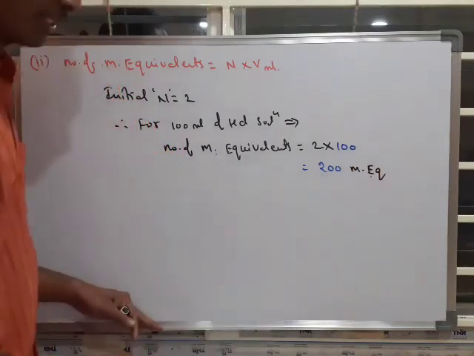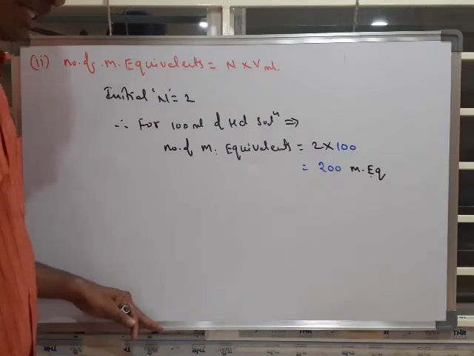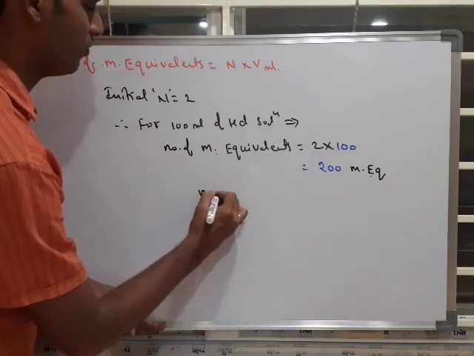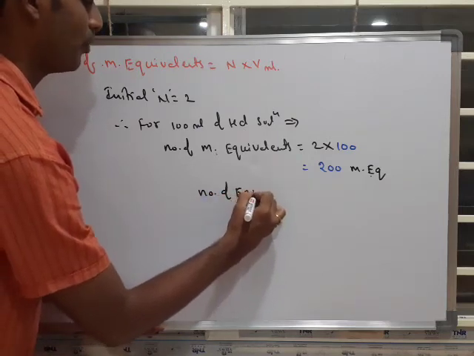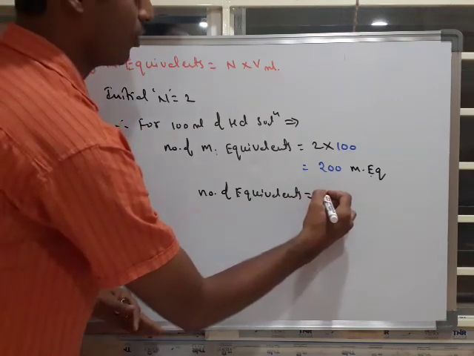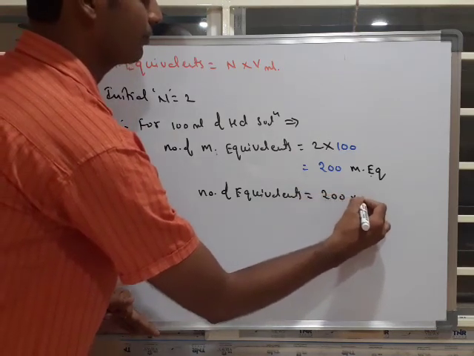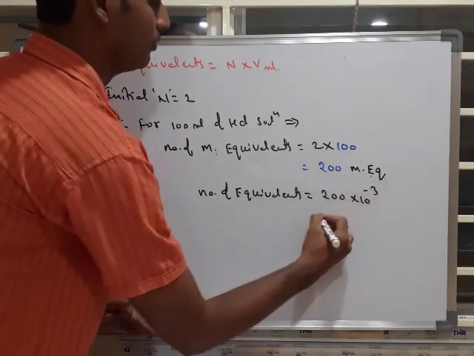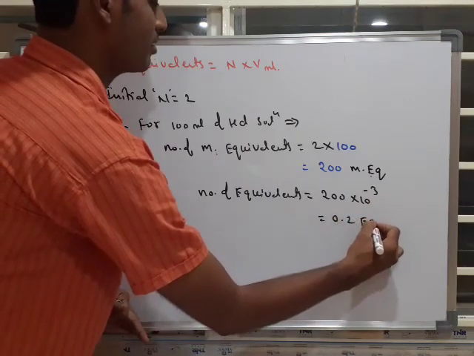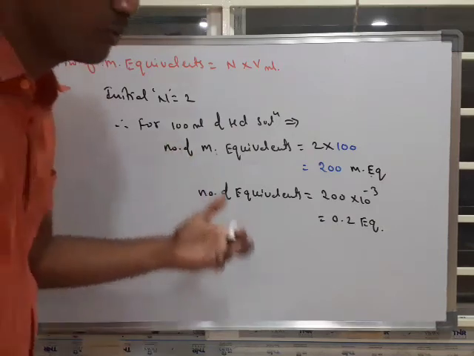In the question it is asked to find the number of equivalents, so milli equivalents is correct. Therefore, the number of equivalents means dividing by 1000, so 0.2 equivalents.